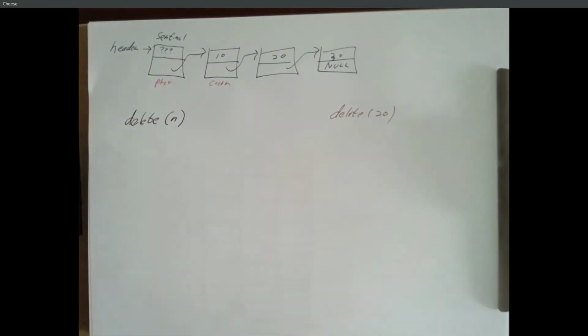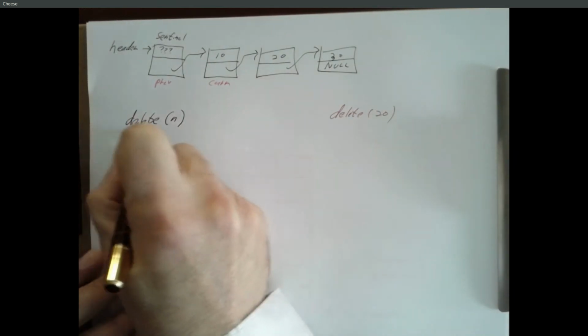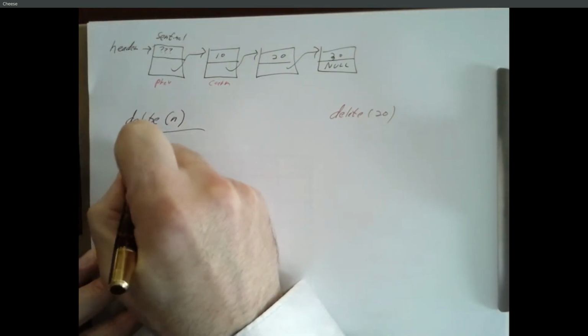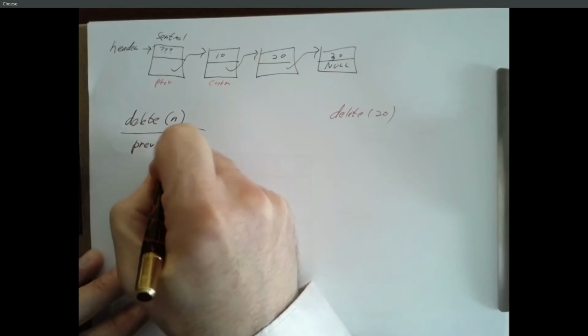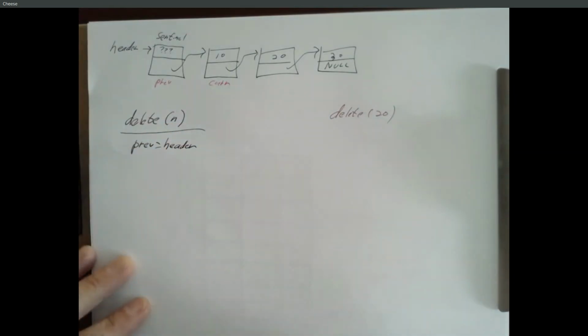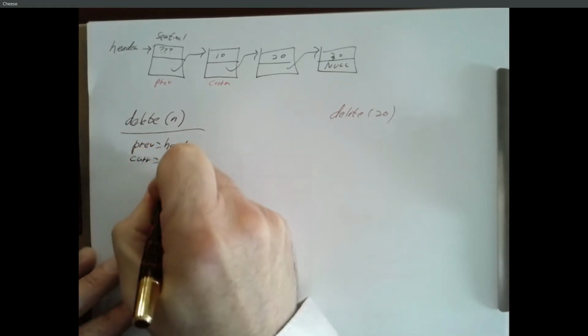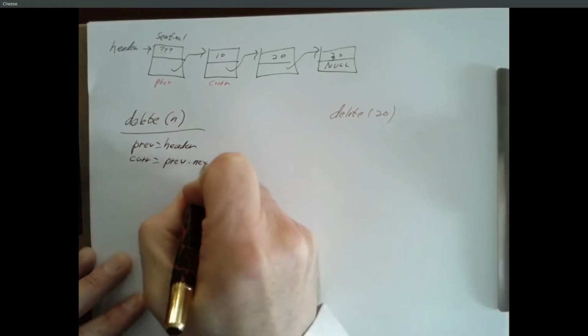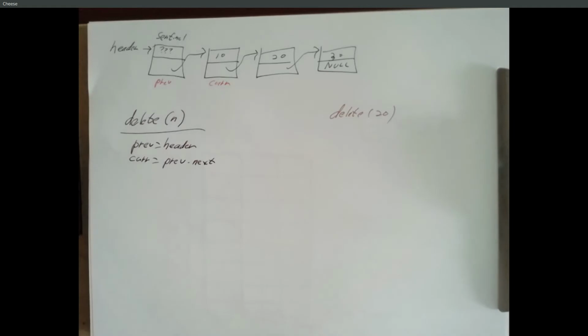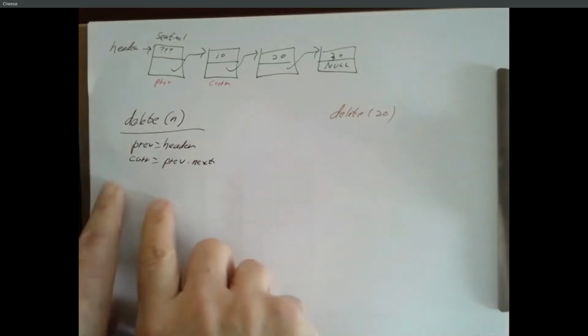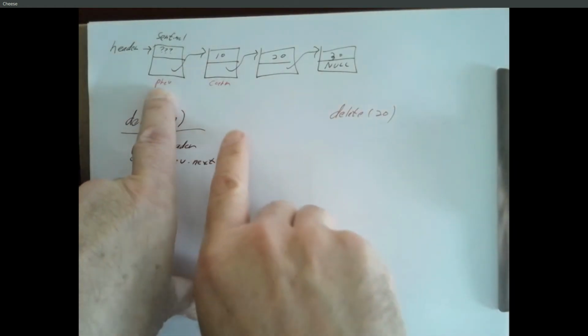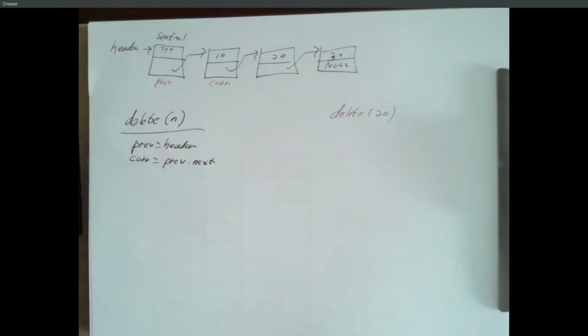So let's write some code. So previous will be the header node, which is just 0. Current will be whatever the previous node's next field was. So right now, this code basically makes previous point to the sentinel, current is the first data node.